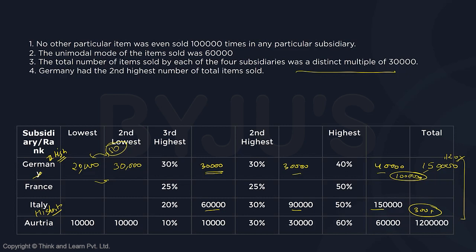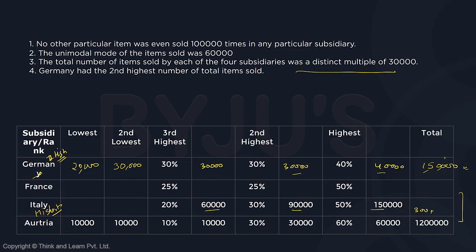Okay? Now look at this. Let's erase it. Now, to make this second highest, either of these two should be lowest or second lowest.